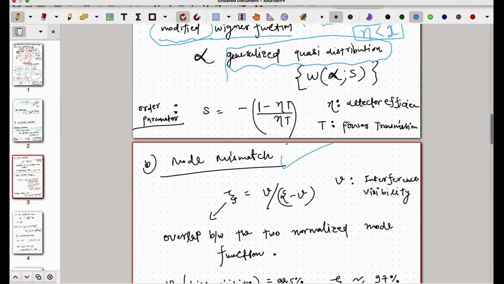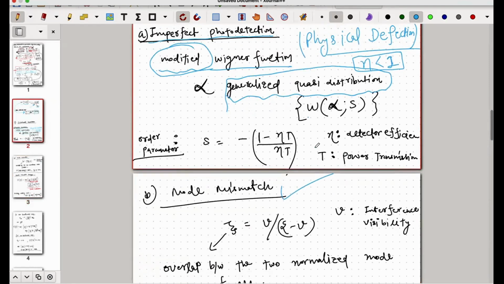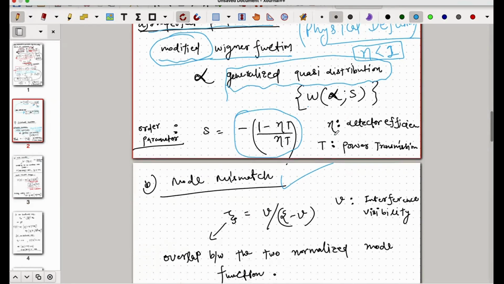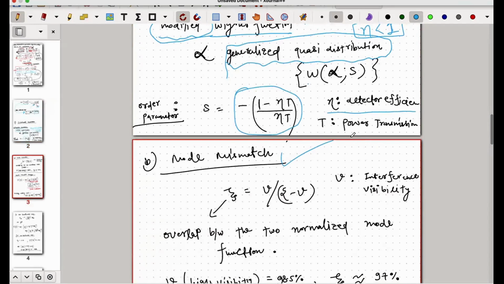Here alpha is here, s is an order parameter which is given by this expression. Here eta is again the detector efficiency, and t will be given by this power transmission.